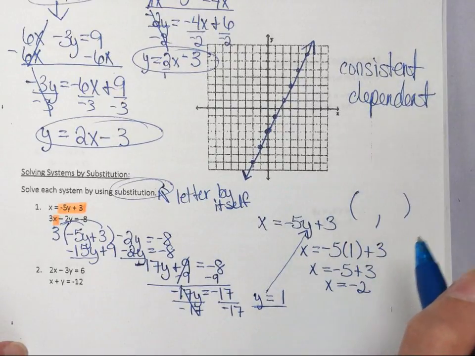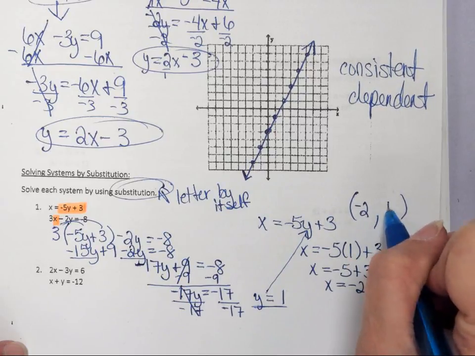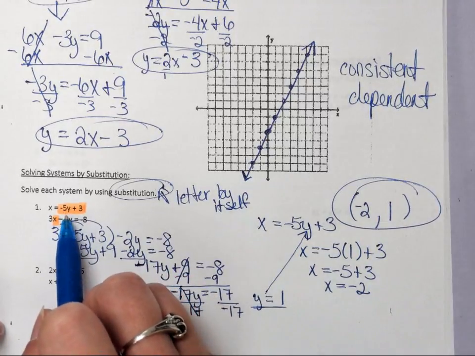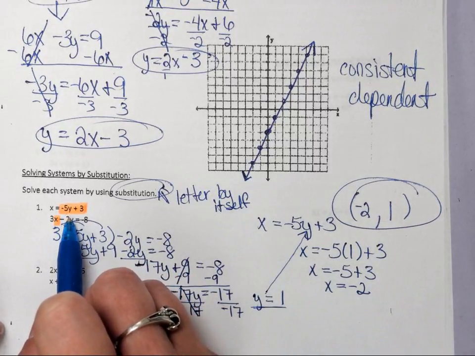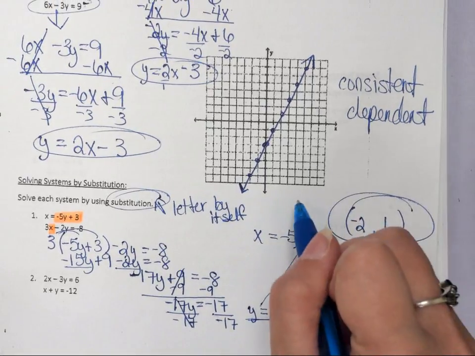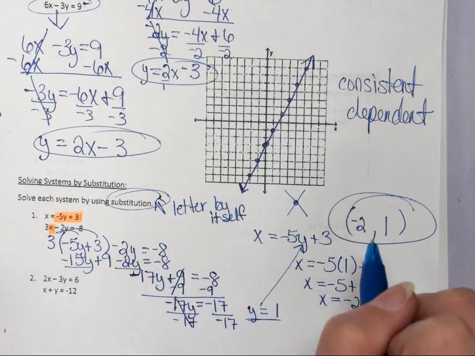So what's your ordered pair? Negative 2 and 1. There you go. That's your answer. What does that mean? That means if we were to graph this, just like we did the other ones, they would cross right there at negative 2, 1. So you have a graph that looks like this. They would cross right there at negative 2, 1.